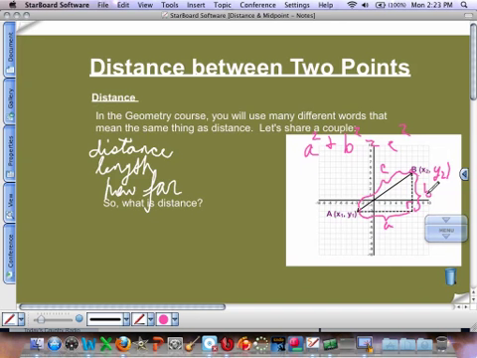I started at 3 and now I'm at 10. How did you figure that out? 10 minus 3. So you take your final minus your beginning. Does that make sense? When we want to find a very simple change in distance, take your final minus your original.